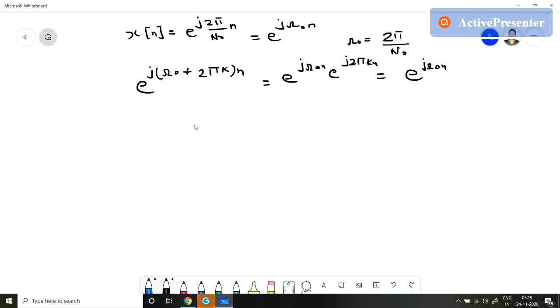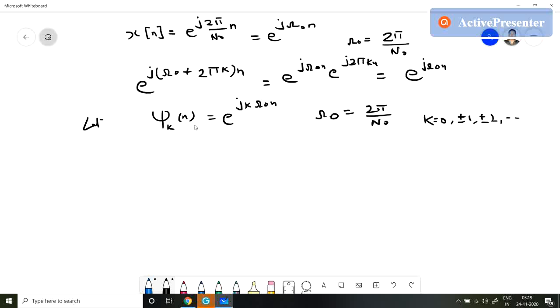Okay, so let us denote psi k n equal to e raised to the power j k ohm naught into n, where ohm naught is equal to 2 pi divided by n naught, and k is equal to 0, plus minus 1, plus minus 2, and so on. So psi 0 n is denoted in this manner, and psi 1 n is similarly defined.